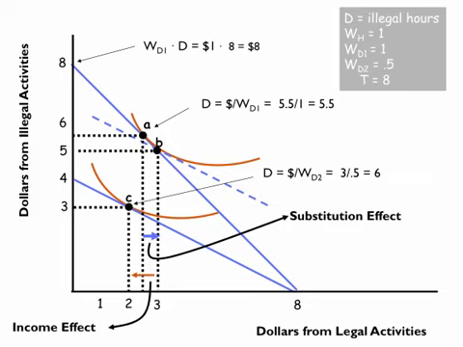So that's the key: the income effect, which is in the opposite direction because it's an inferior good, is larger than the substitution effect, and this person ends up working a lot more than before. If there were no income effect, this person would consume 10 hours of legal activities. Now they're going to consume actually 6.